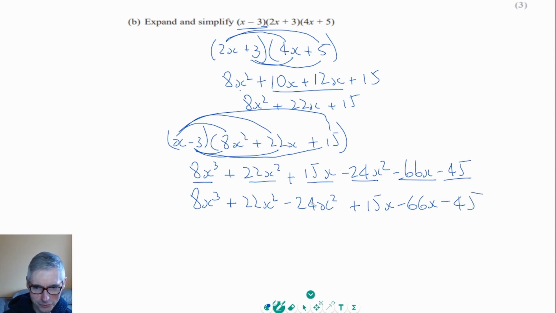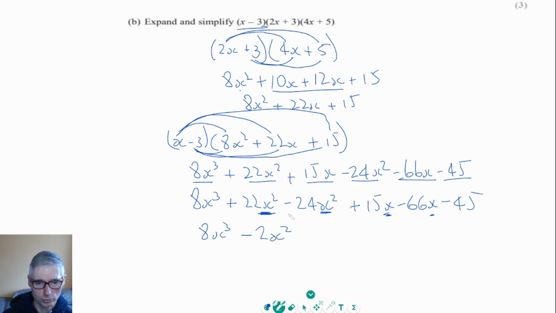And now I've got the things written that are similar terms, so we can see that the x squareds are next to each other, and the x's are next to each other. It just makes it a bit easier to work out. So we can see that we've got 8x cubed, and then we've got 22x squared minus 24x squared. So that just gives us minus 2x squared.